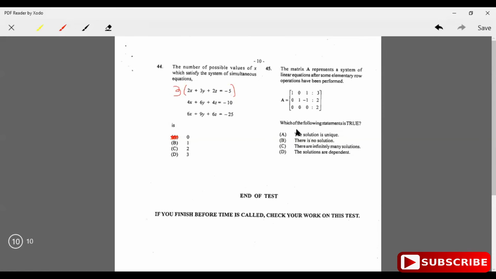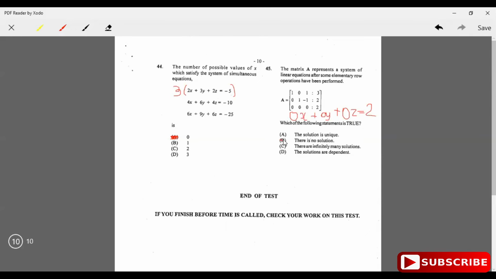All right. Now question 45. What is true? There are infinitely many solutions. Look at it. What is the last row saying? The last row is saying that 0x plus 0y plus 0z equals something that isn't 0. 0 can't equal that, so there is no solution.